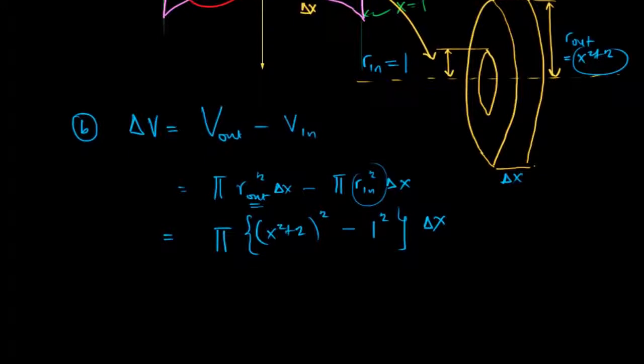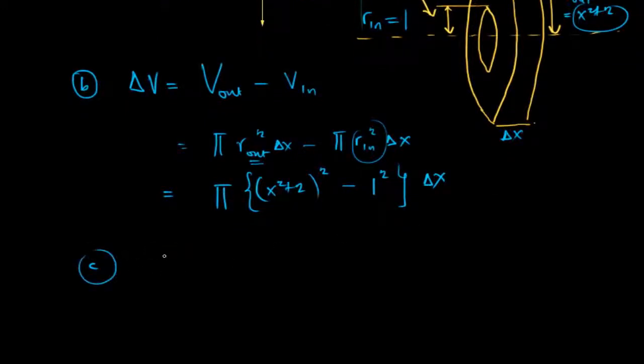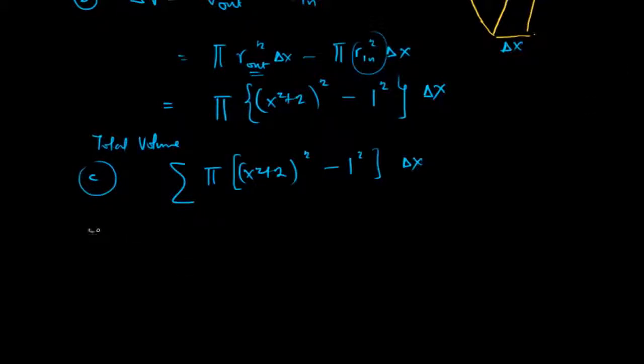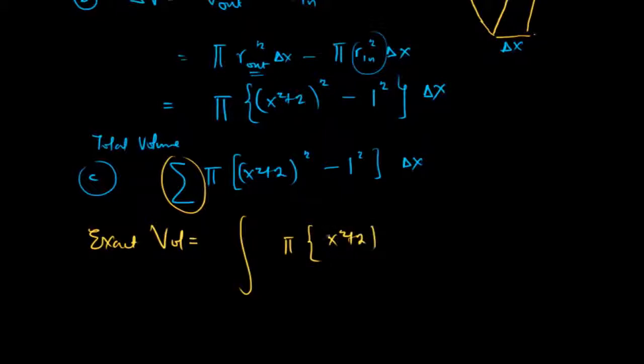Then the next thing is you want to find the total volume. That's just going to be the sum of what you have here: x squared plus 2 all squared minus 1 squared, delta x. Then to find the exact volume, what you have here changes to an integral sign, with pi multiplied by x squared plus 2 all squared minus 1 squared, which is 1, and this also changes to dx.